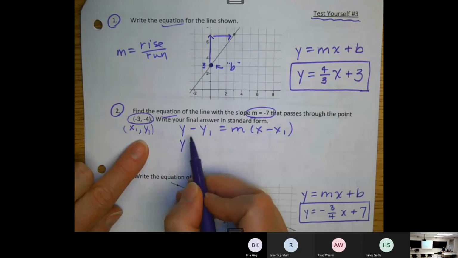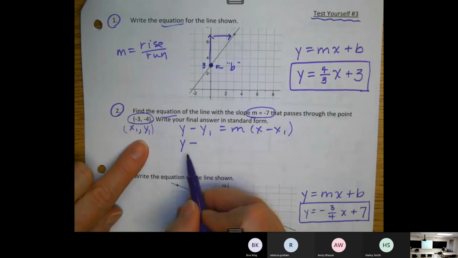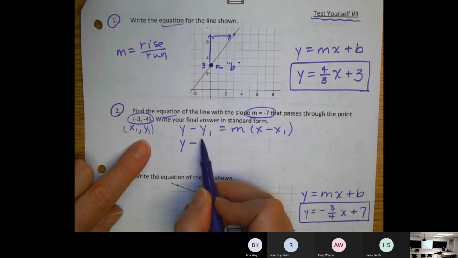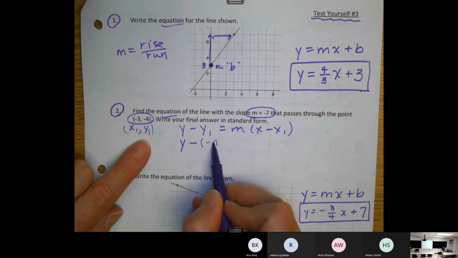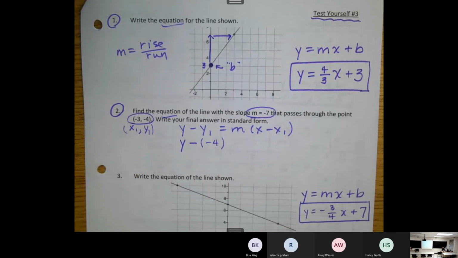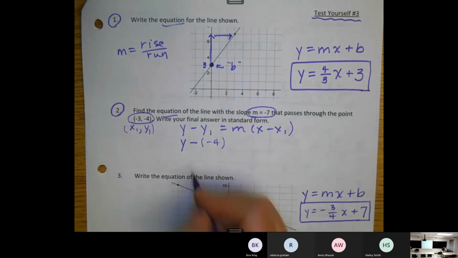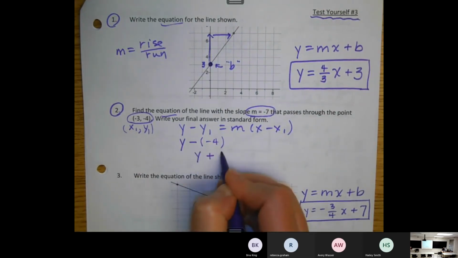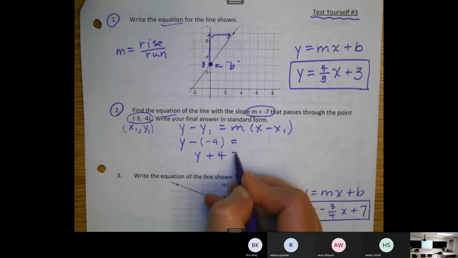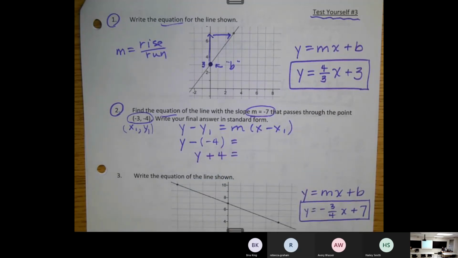Like where it says y minus y1, I want to keep the y, keep the minus, and then y1 is -4. So we're going to get a double negative there. Maybe you went ahead and wrote it down as y plus 4. That'd be great. Either y minus negative 4 or eventually y plus 4.